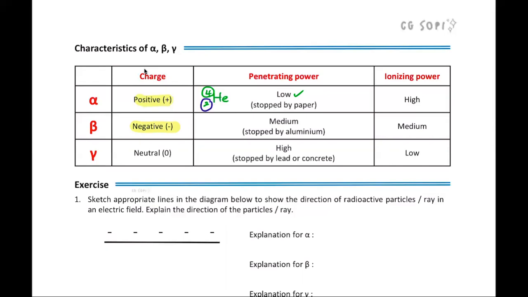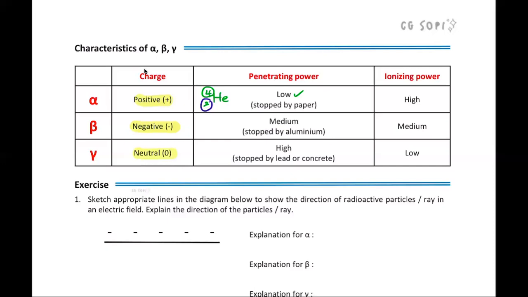And gamma ray. Because it is not a particle, it is only a ray, it doesn't have any charge, so we consider it neutral. Because it is a ray, the penetrating power is very high.